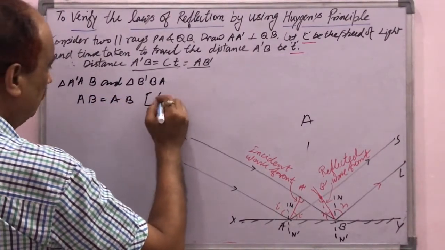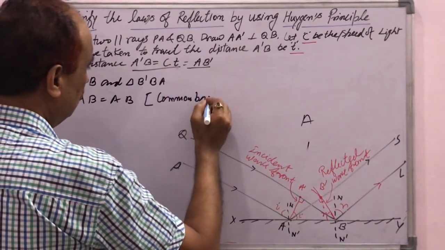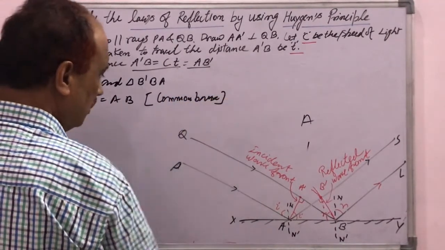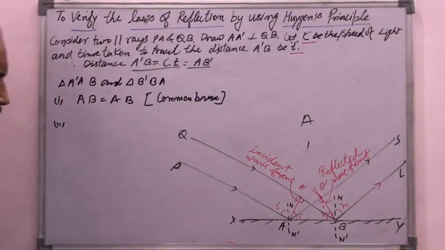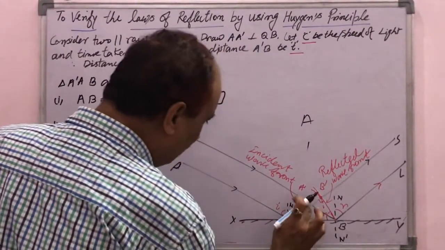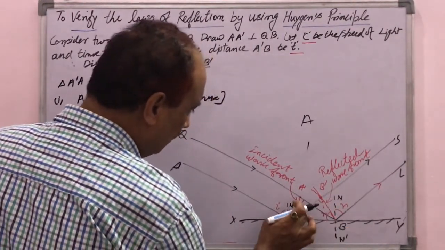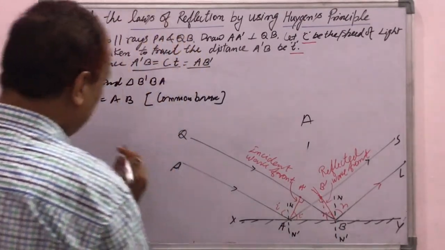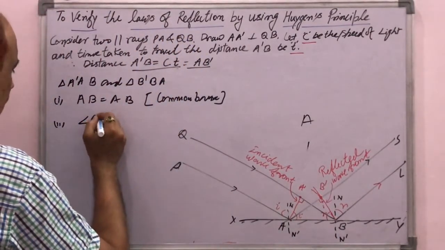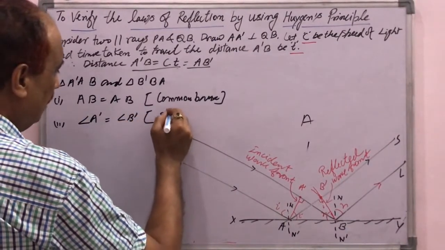Second, the angles made by the incident wavefront and the reflected wavefront are 90 degrees, so angle A dash is equal to angle B dash, 90 degrees each.